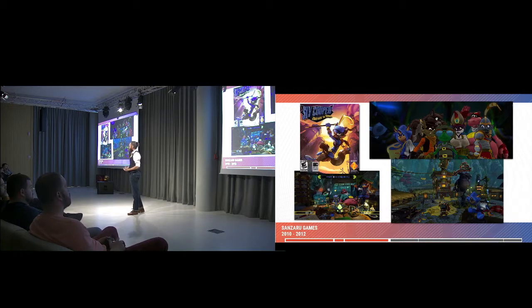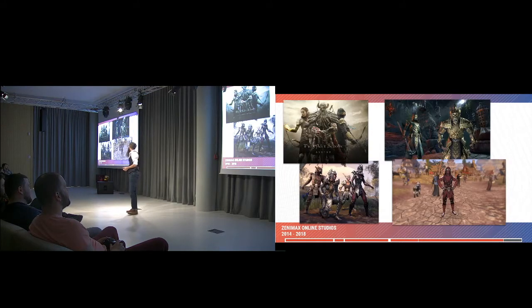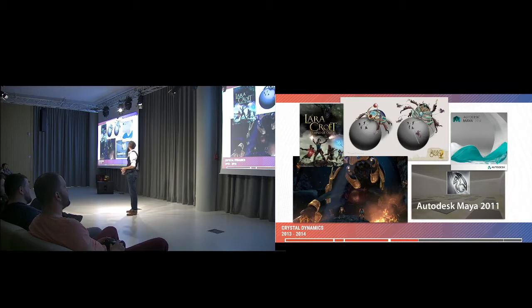Sly did not do as well as we thought it was going to do commercially, so Crystal Dynamics, all right. Once we get here, I worked on implementing a new rigging system for the character TD that was there, as well as, again, parallelizing some batch processing and introducing automation for source control.